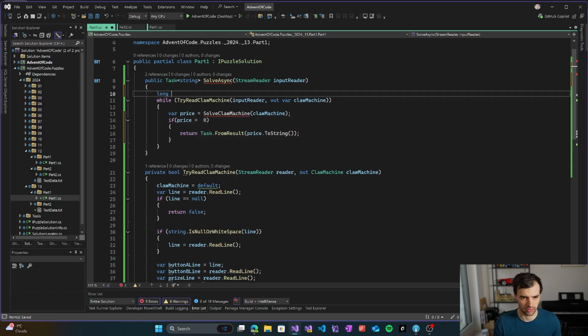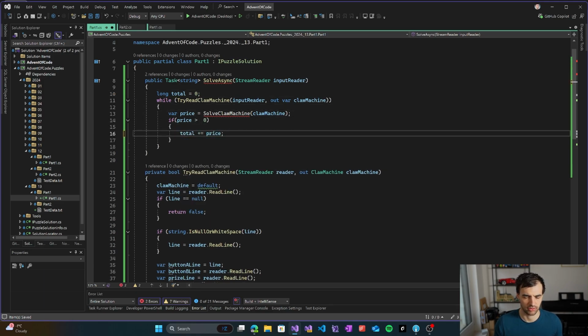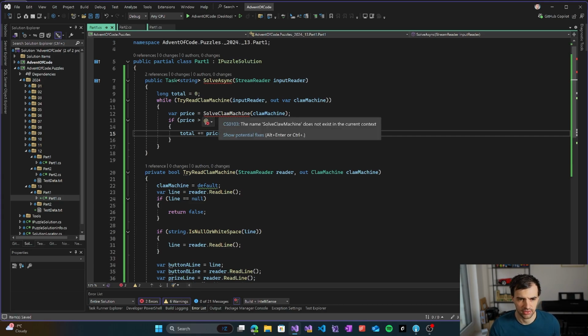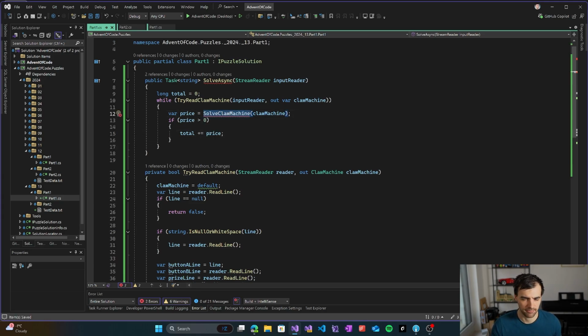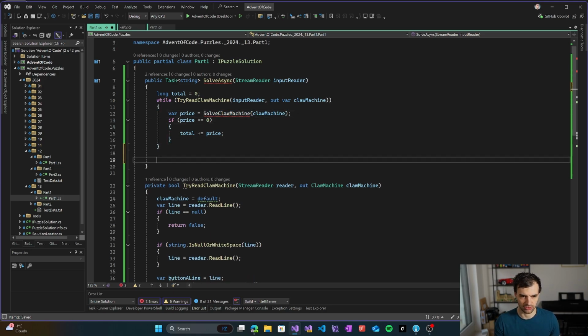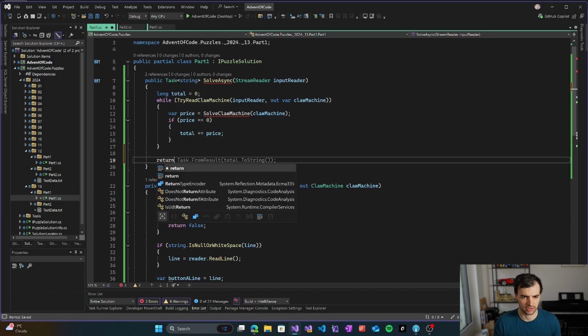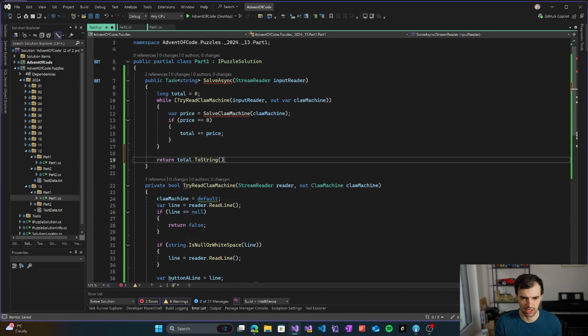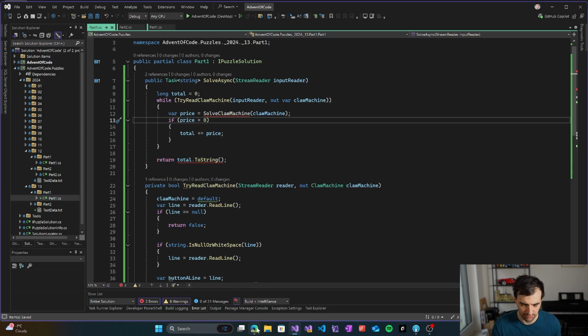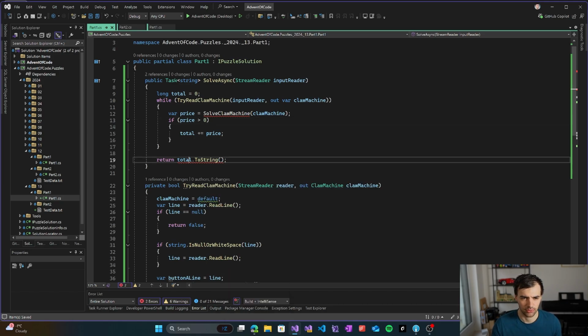So we'll have a total of 0, and we will add up total plus equals price. Or greater than or equal, because potentially we could start at 0,0 and the prize would be at 0,0, then the price would be 0. But return total ToString. Actually, yeah, it can be just greater, because if it's 0, then it doesn't add anything to the total. So this will be it.